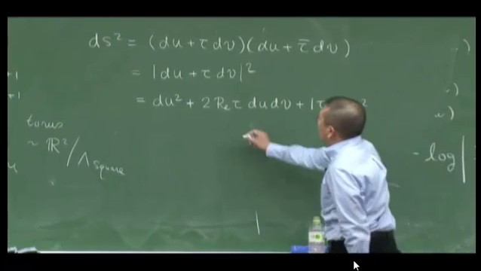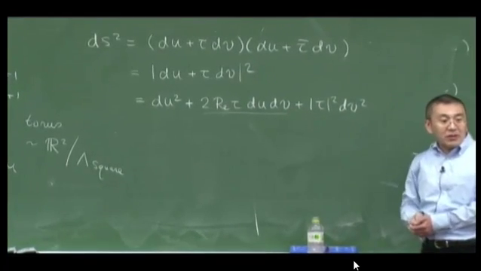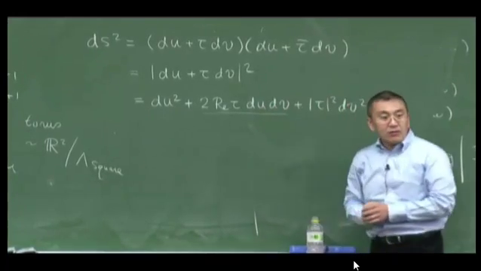So we see that with respect to this coordinate u and v, the metric is not diagonal. But you have this off-diagonal piece, and also the diagonal pieces here and here are different.